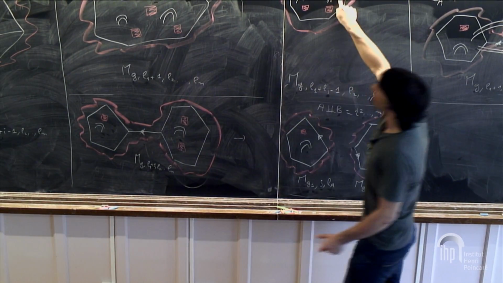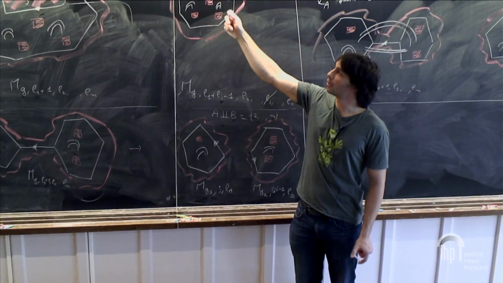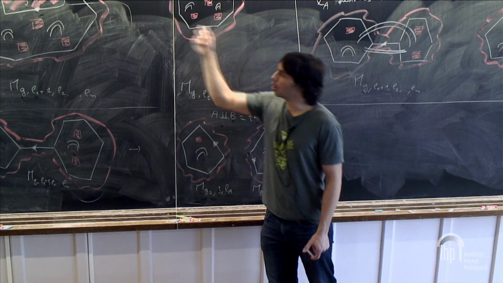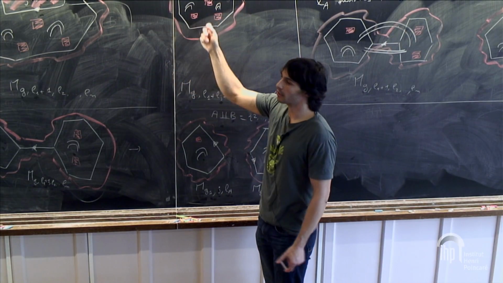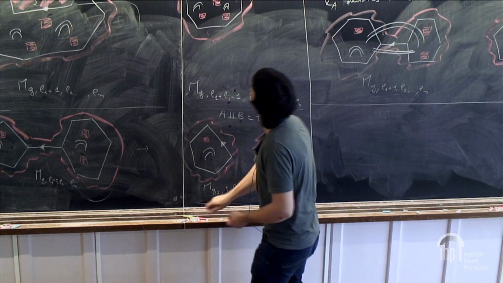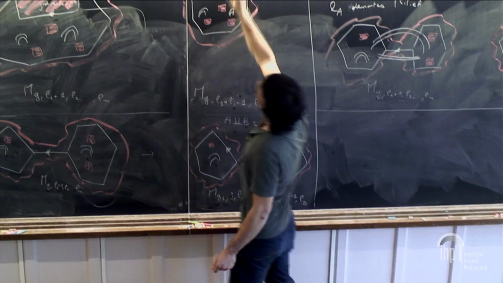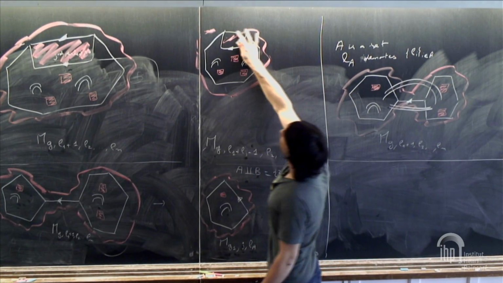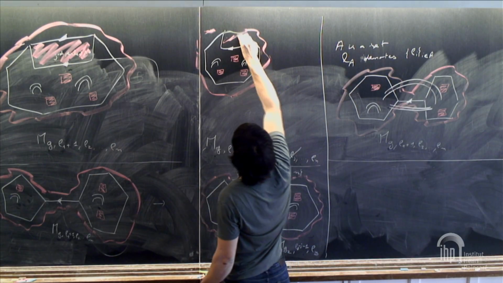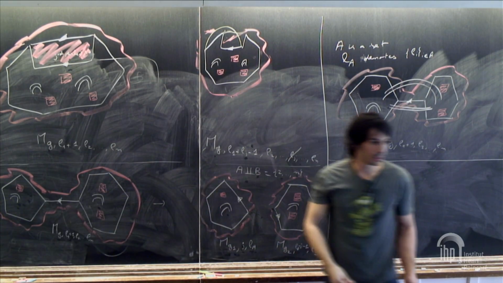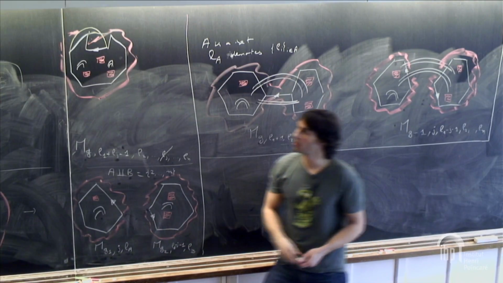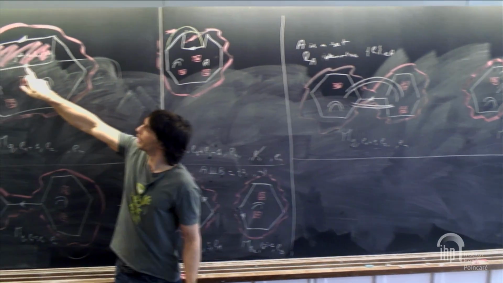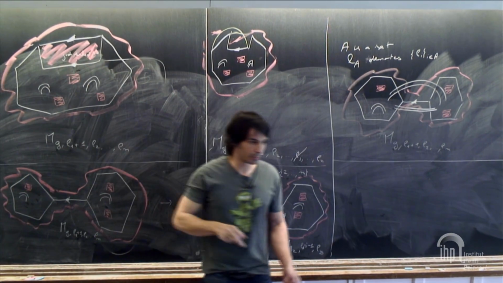Before, I could go back because I had a bijection. Here it's not the case anymore, because I could close it where I did here, but to get an element of this set, I could close it here as well. And this corresponds to all possible respective positions of this marked edge compared to this one.